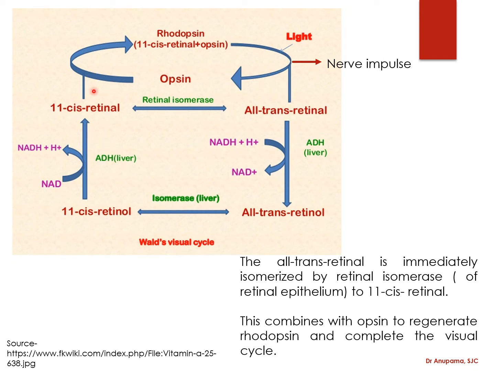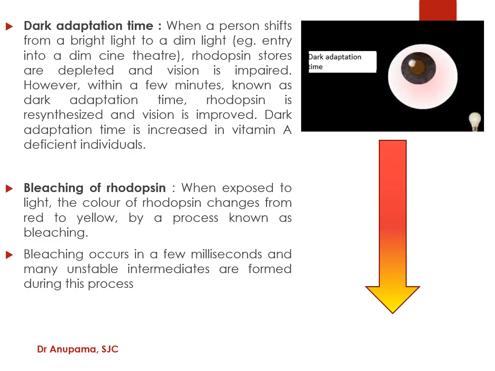one visual cycle. We have some more terms associated with vision, of which the first one is dark adaptation time. When a person shifts from a bright light to a dim light, say for example entry into a dim cine theater, rhodopsin stores are depleted and the vision is impaired.